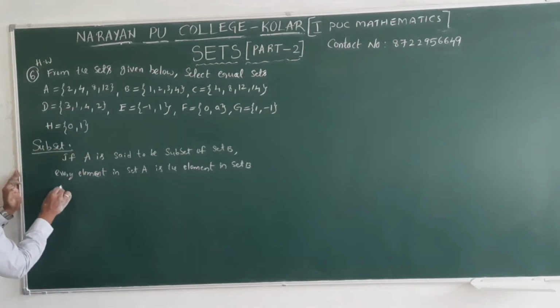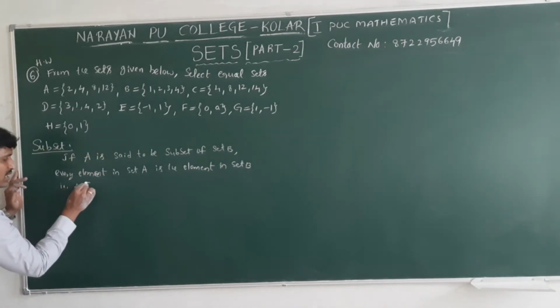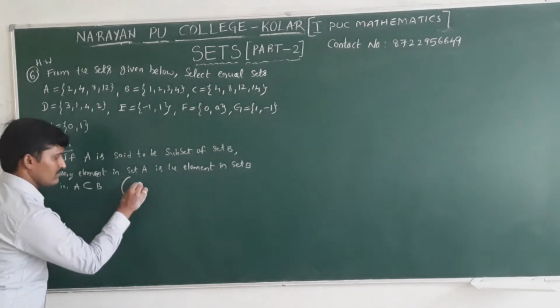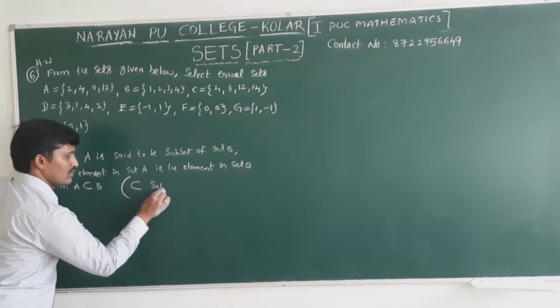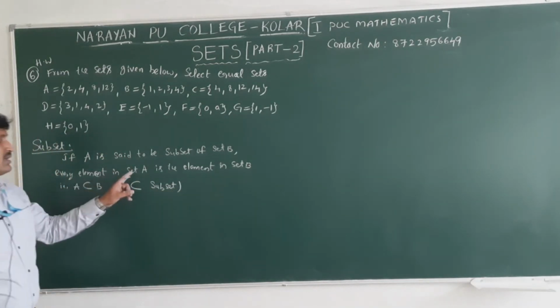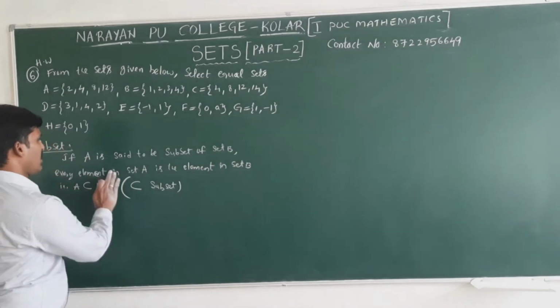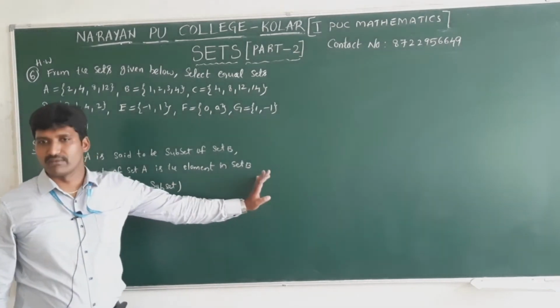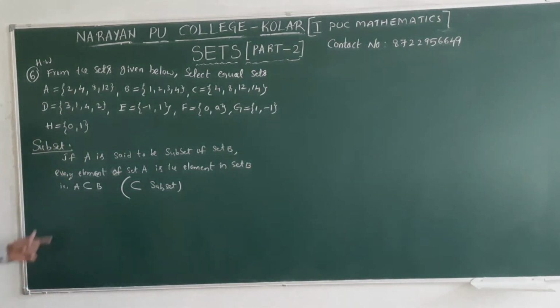For example, A is a subset of B, we can write this symbol. This is the symbol for subset. Every element of set A is an element present in set B. Okay? This is the subset symbol.